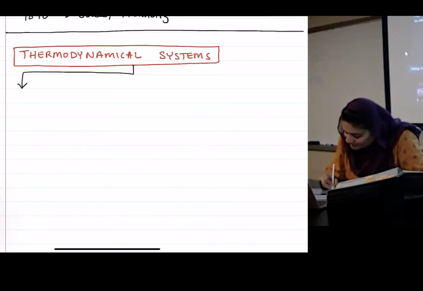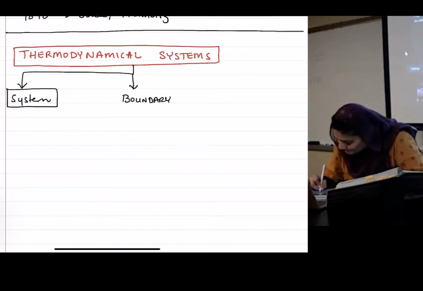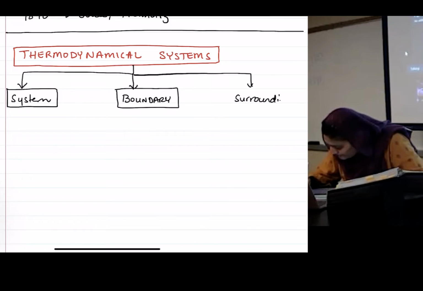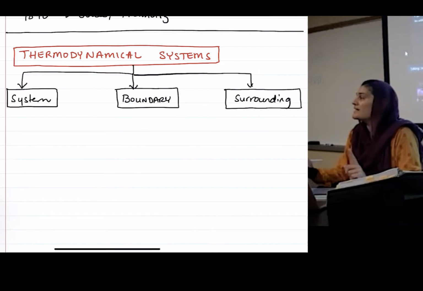I'm going to define what is a system. I'm going to define what is a boundary. And I'm going to define what is a surrounding. A system is anything under consideration.